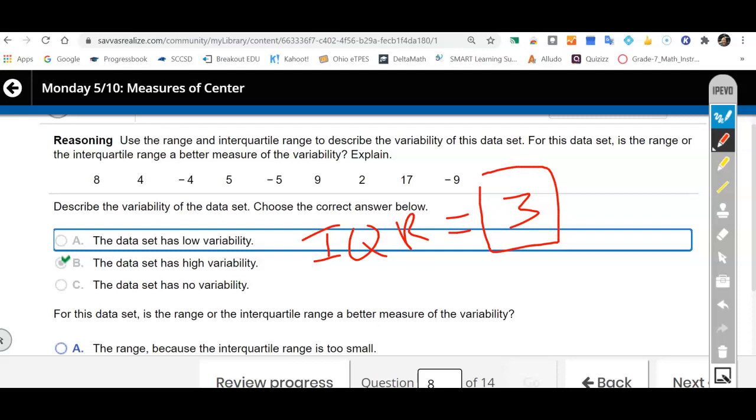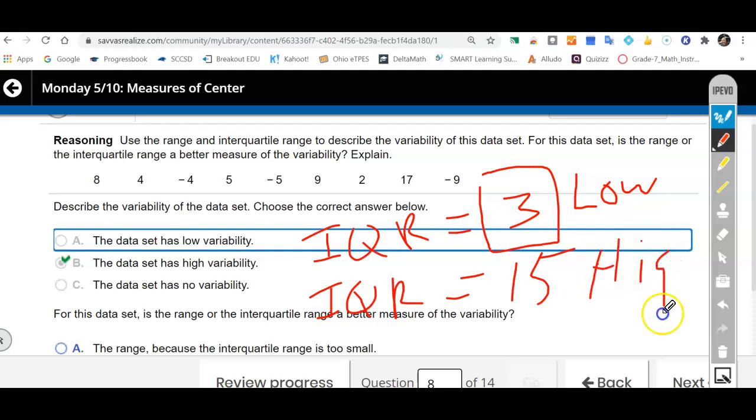No, you only have a distance of 3 numbers between our middle 50. So this would be a low variability. What if you have an IQR of, let's say, 15 or 20? That would have more of a high variability.